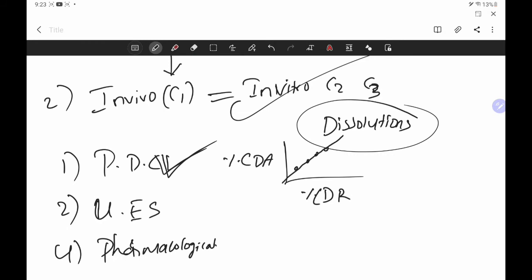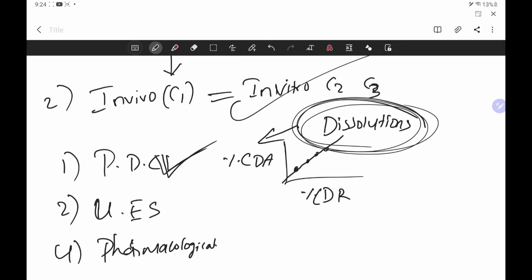correlation. When you get a good correlation, it is an indication that the dissolution we carried out outside the body is in good correlation with the in vivo studies, that is percentage cumulative drug absorbed. How is this correlated? 10% of drug release at time t1 in vitro is equal to 10% of drug absorbed in time t1 in your body.